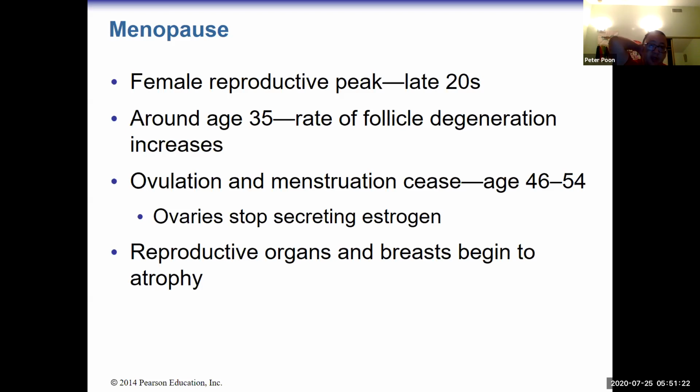Menopause, ovulation, and menstruation cease at around 46 to 54. The ovaries stop secreting estrogen. The reproductive organs and breast begin to atrophy. The reason for this is actually pretty complicated, but basically, at this age, you're more reproductive if you take care of your grandchildren than if you have more children. Therefore, the female reproductive system shuts down, and there's no more pregnancy.